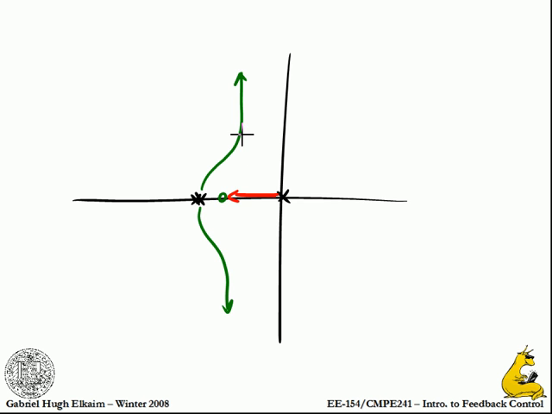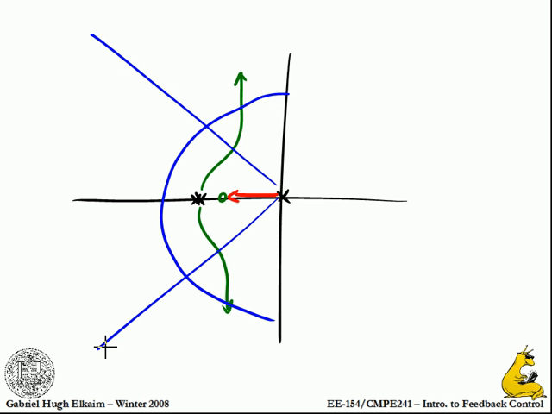Now, if my specs happen to be that I need to be here, I've got a settling time spec, an overshoot spec, and a rise time spec that gives me all of these.